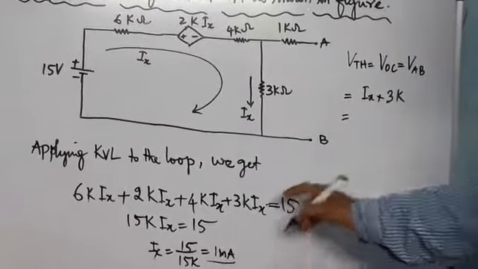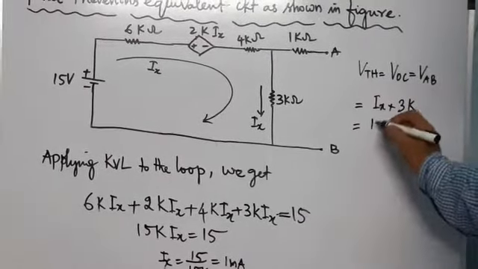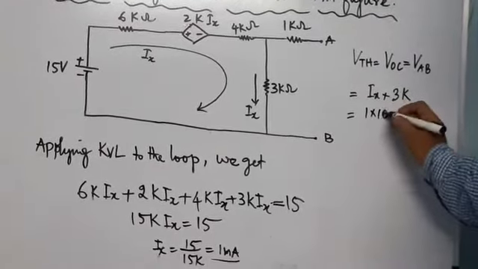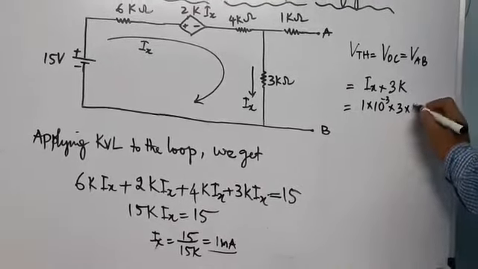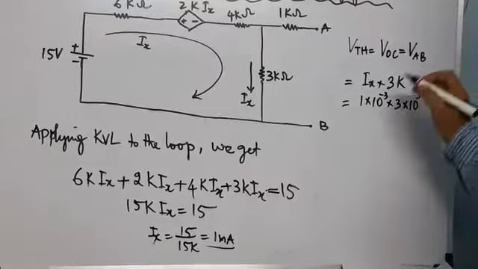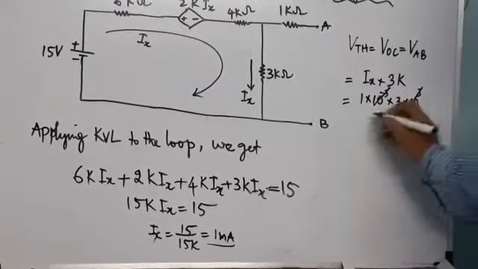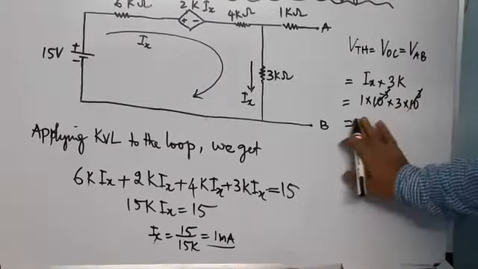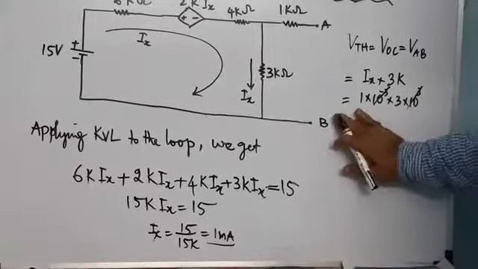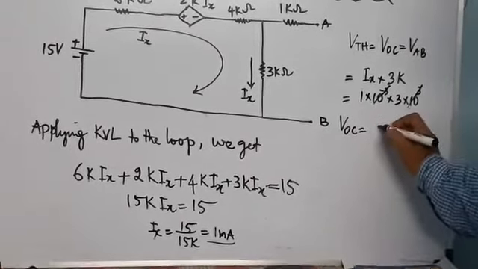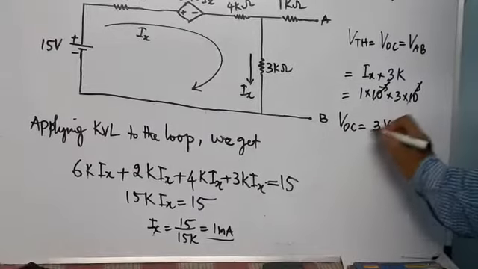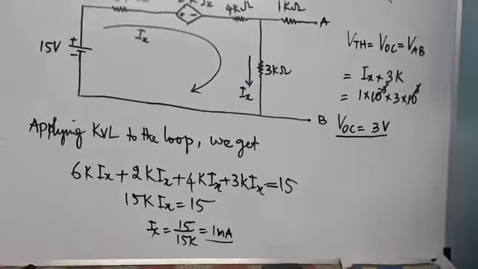Ix is equal to 1 milliampere, so 1 into 10 to the power minus 3 into 3 kilo, which is 10 to the power 3. The minus 3 and plus 3 cancel. So we get VTH, or VOC, is equal to 3 volts. That's all.